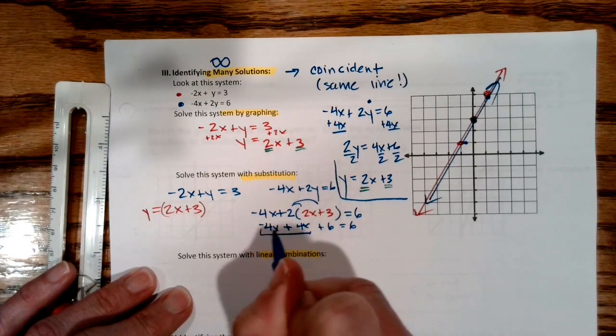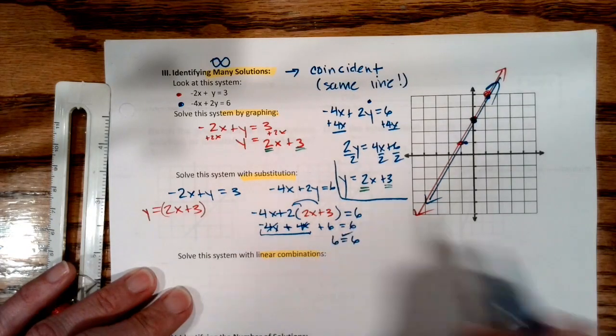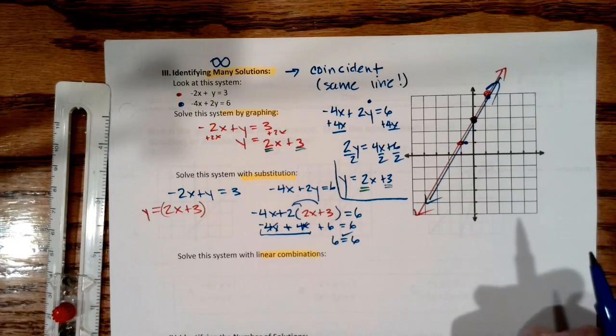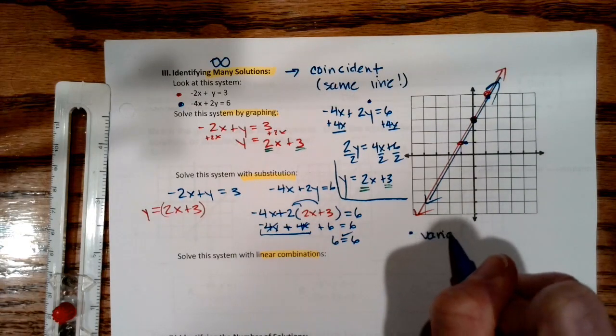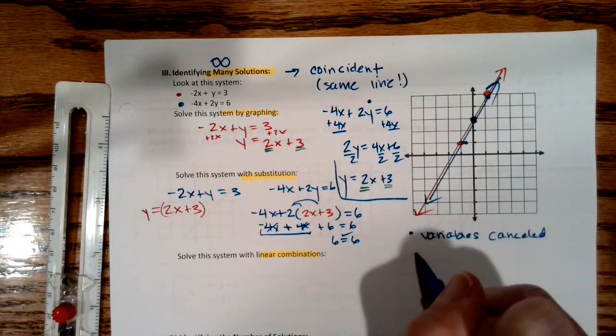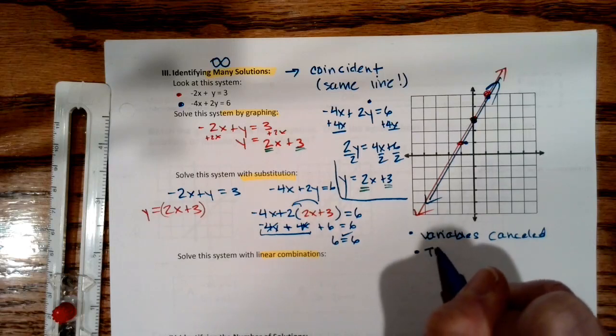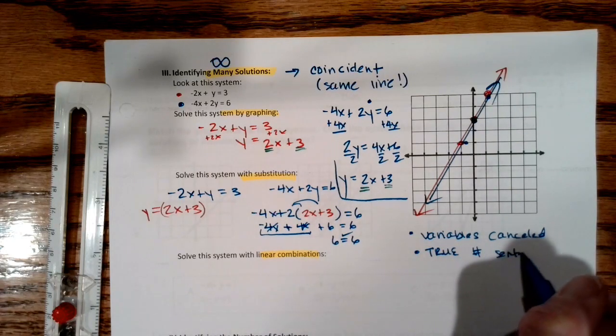Combine like terms, they cancel out. 6 is equal to 6. Guess what? That's a true number sentence. So my variables canceled, and I was left with a true number sentence.